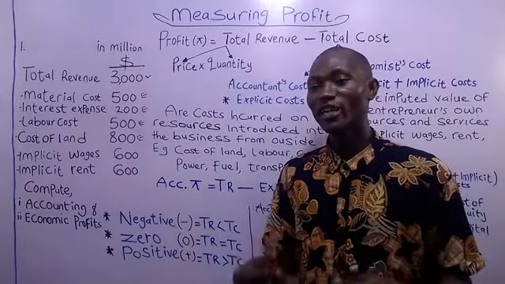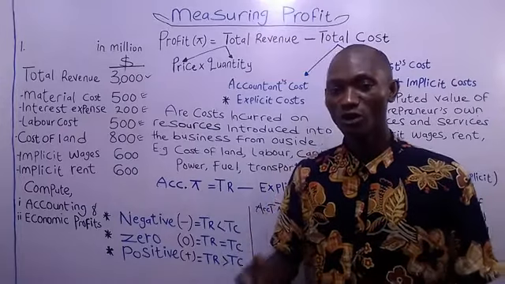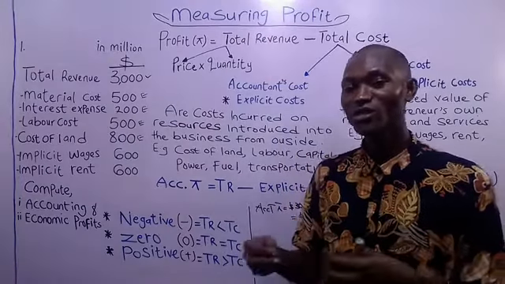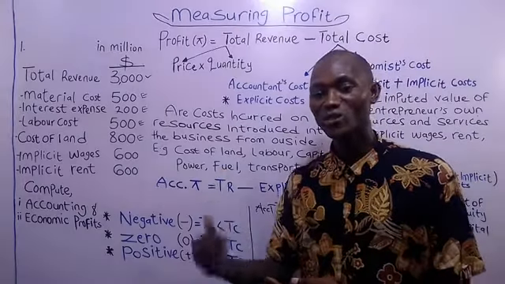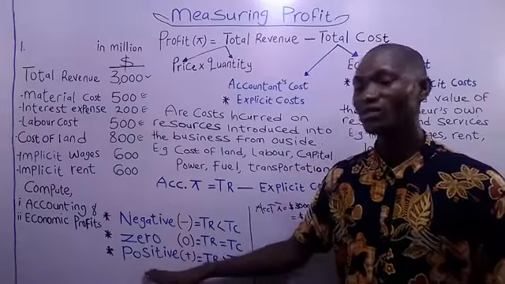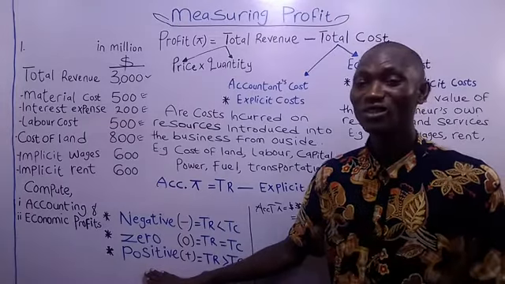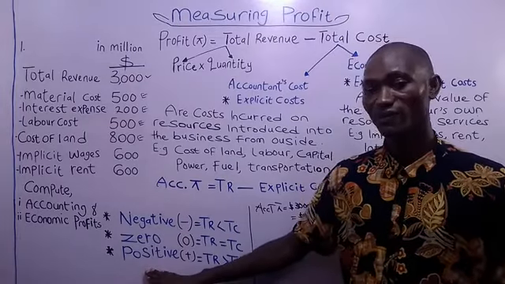And when supply increases, that will lead to surplus. And the economic result of surplus is that price will reduce. And when price reduces, the positive economic profits will be virtually zero or negative.